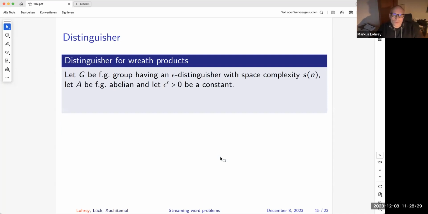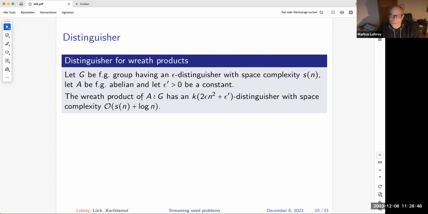We also have a similar result for Reith products, namely, if G is a finitely generated group having an epsilon distinguisher with space complexity S of n, and A is a finitely generated abelian group, and epsilon prime is another small constant, then the Reith product of A with G has a distinguisher with this error probability.